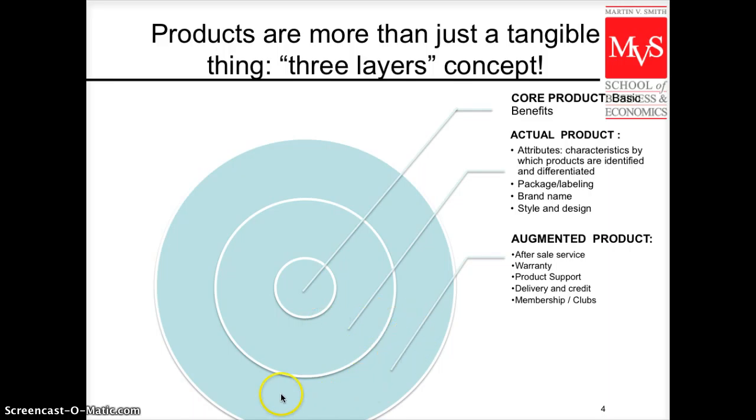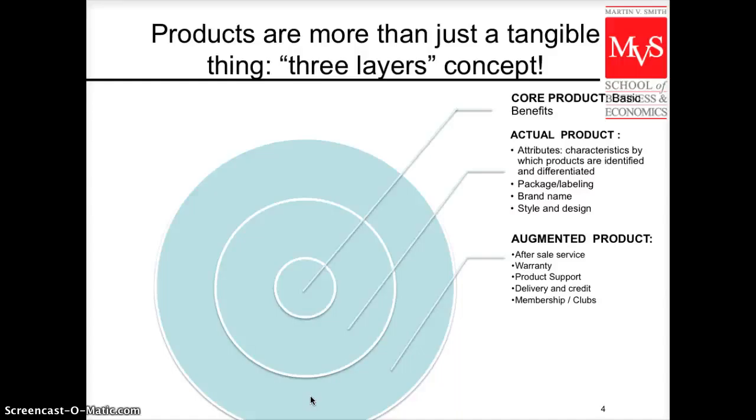But there is this third layer, and not all products obviously have such a big third layer, but that's all the services that can be provided close to that product that are not necessarily part of that product per se, but have an important impact on the consumer's decision.